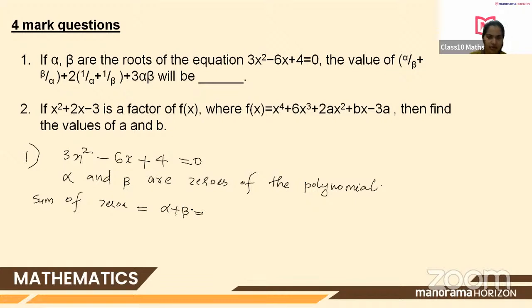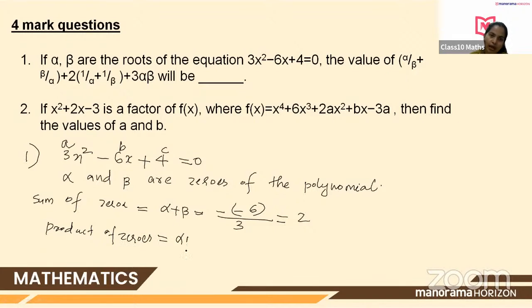We know that it is equal to minus b by a. Here it is a, this is b, and this is c. So minus of minus 6 by 3, and the value is 2. And product of zeros is equal to alpha beta, which is equal to c by a. It is 4 by 3.